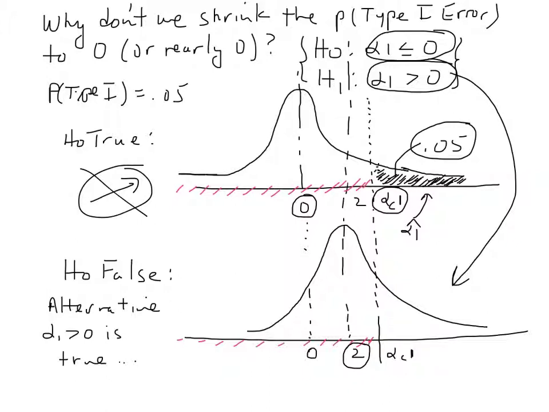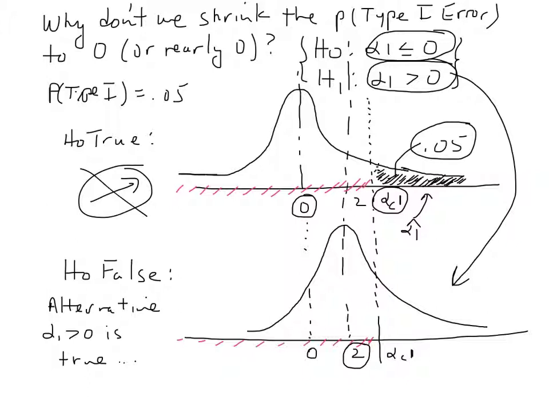Okay? We're assuming that it's true. If we want the probability of failing to reject the null when the null is false, okay, we're looking at the probability of failing to reject the null when the alternative is true.